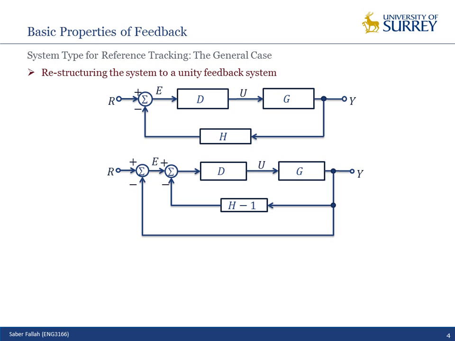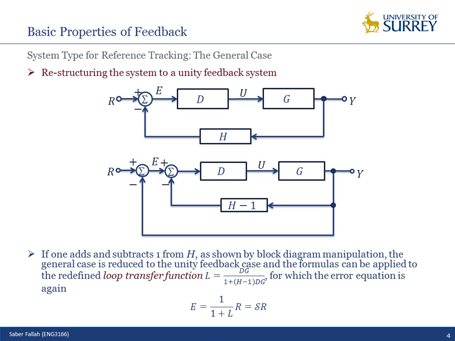But here, I need to simplify this inner closed loop system and just keep the unity feedback. If I do this, I will come up with this loop gain or loop transfer function. How can I calculate this one? Let me show you.